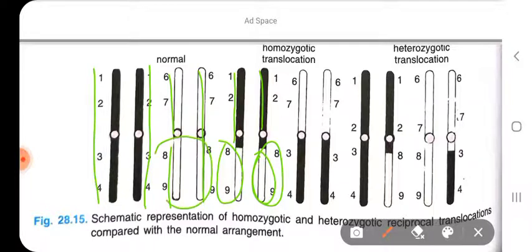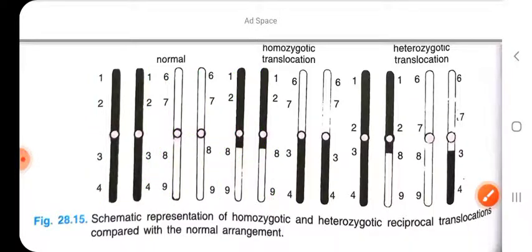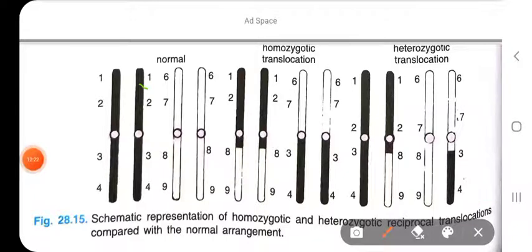In this region a break has occurred, and a break also occurred in this homologous pair of chromosomes, and they exchange their segments with both chromosomes of that homologous pair. So when both chromosomes of the homologous pairs are involved, that is called homozygous reciprocal translocation.